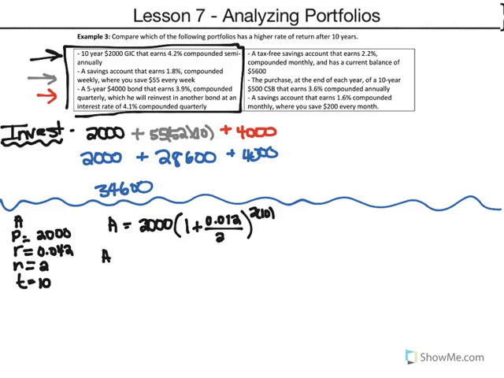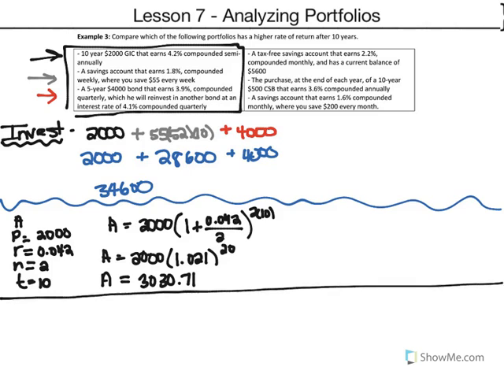If you do the inside of your brackets, 0.042 divided by 2 plus 1 is 1.021 to the power of 2 times 10, which is 20. This number comes out to $3,030.71. So that is for your first GIC.